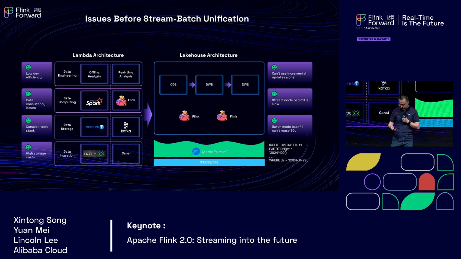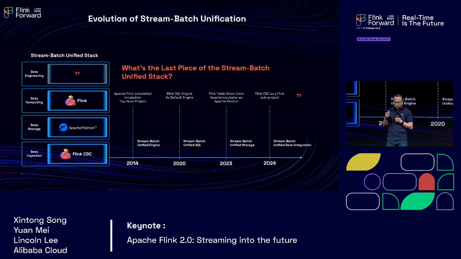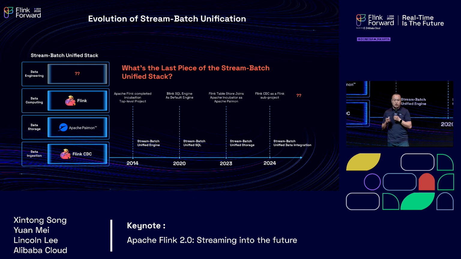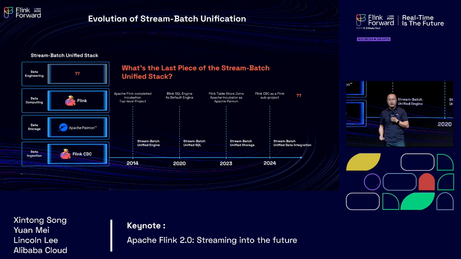Then let's turn back to the perspective of Flink. Over the past decade, from the engine architecture of streaming batch unification to the production-ready SQL engine, we have achieved computational unification.